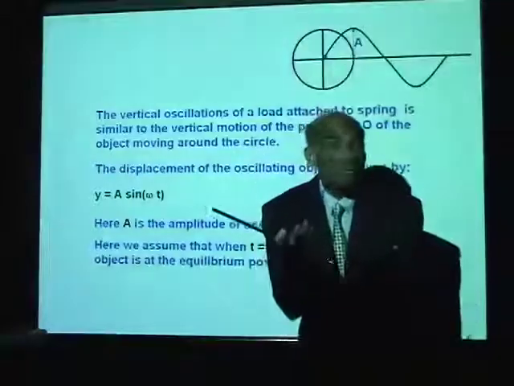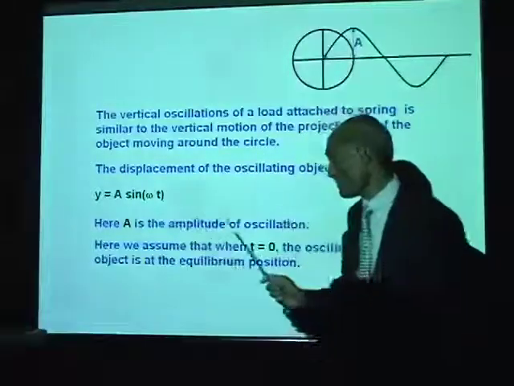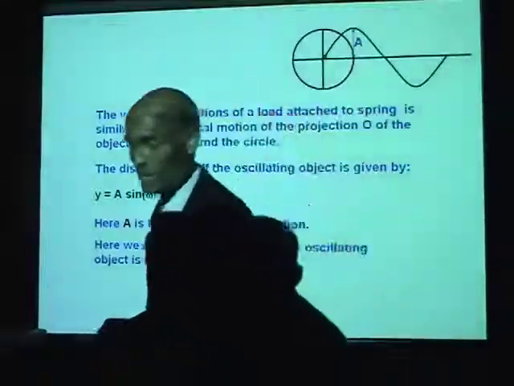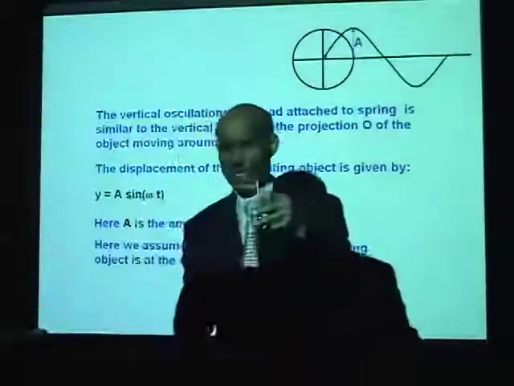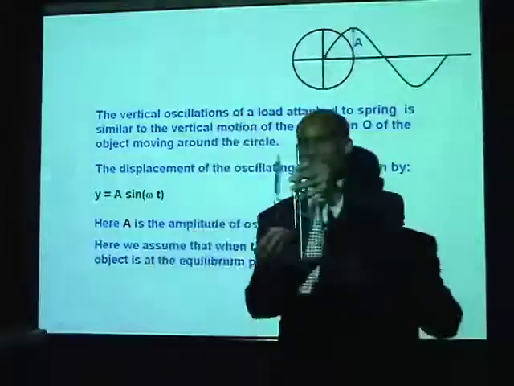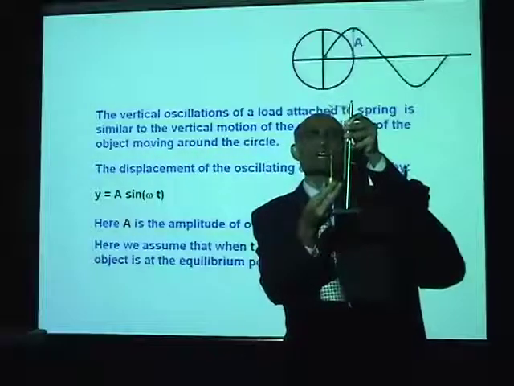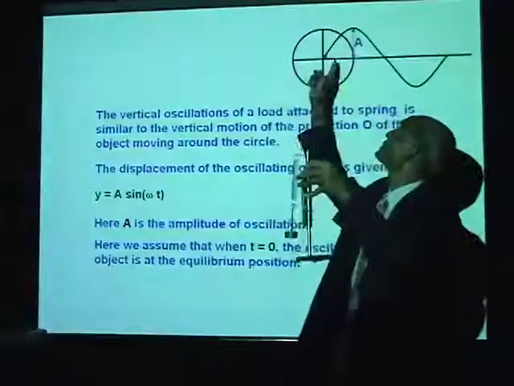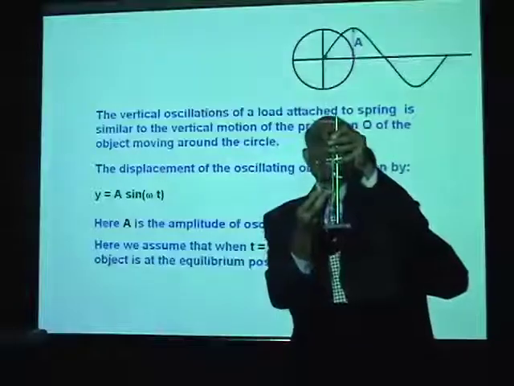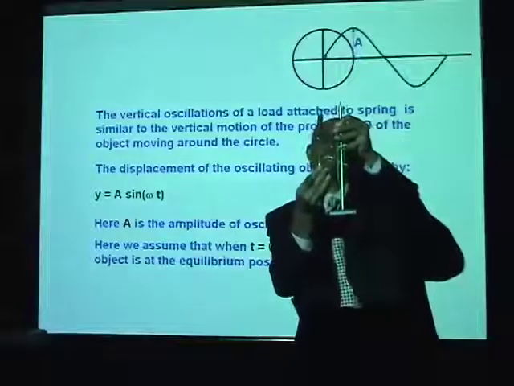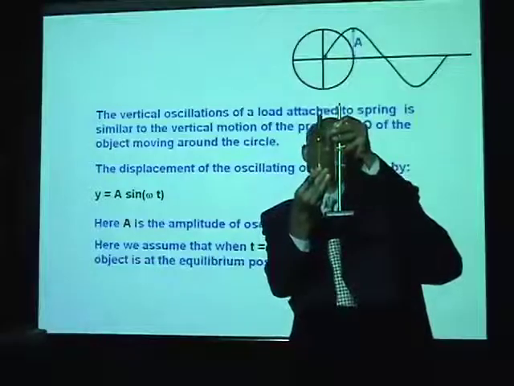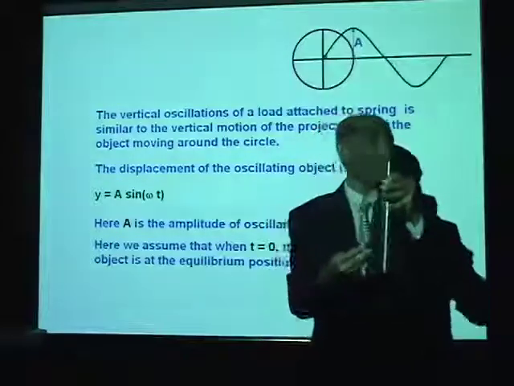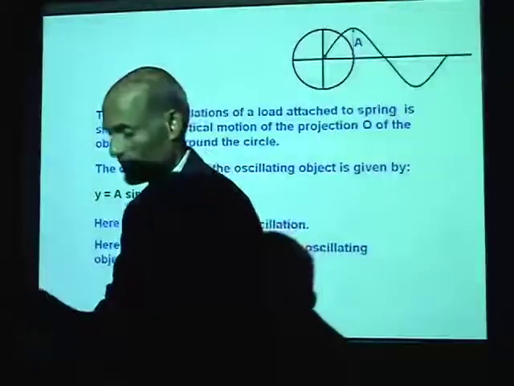You see, the identity of the equation can change depending on the time we start looking at the oscillating object. I want you to look at this carefully. Now, in this example, we said when t equal to 0, the object is at the equilibrium position. And that's what this represents. On the other hand, if you start your clock when the object is at the upper extreme, well, the equation will slightly change there. What kind of change will there be? Anybody suggest to me?